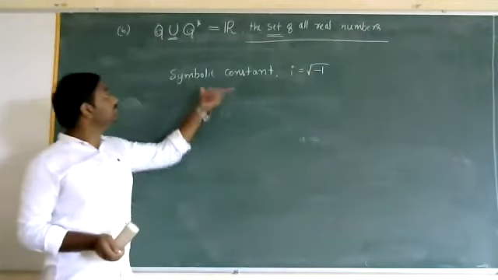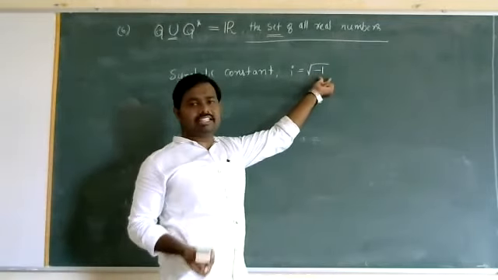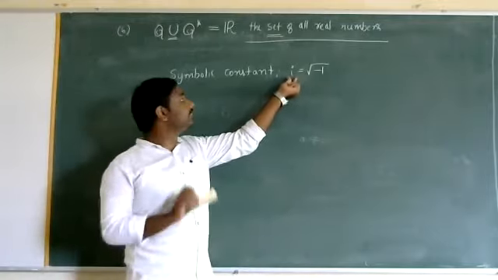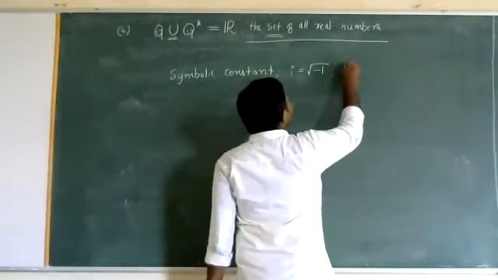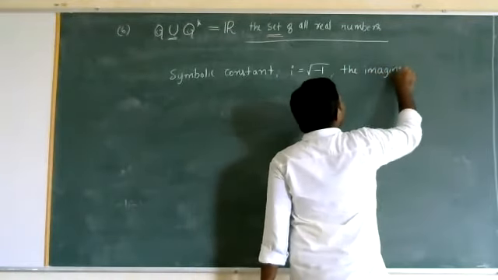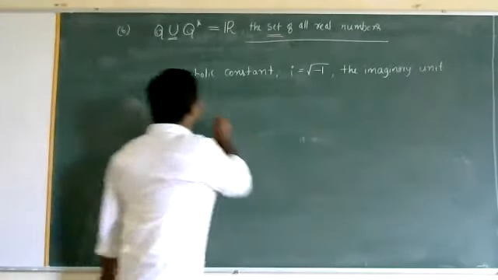This symbolic constant is called the imaginary unit.